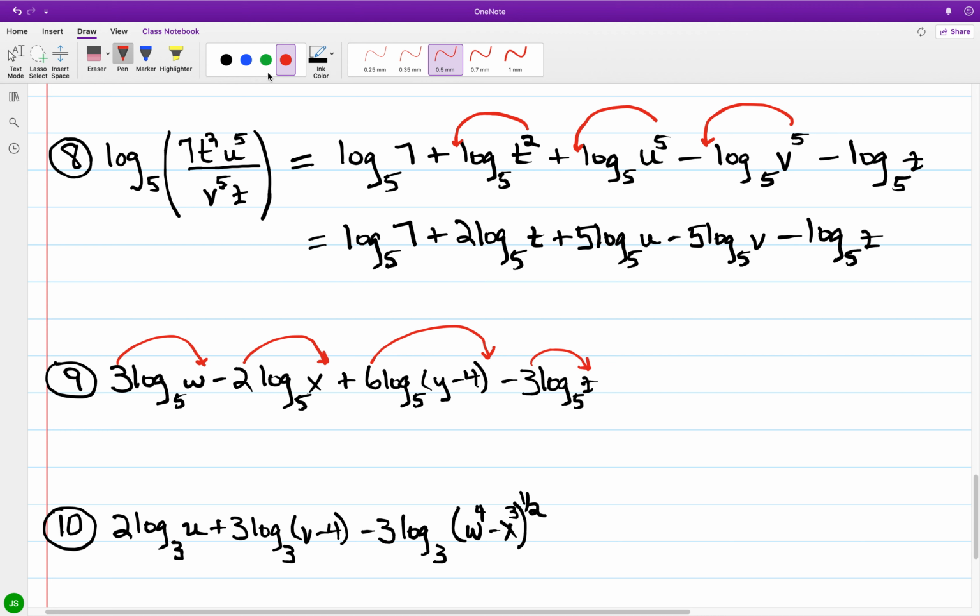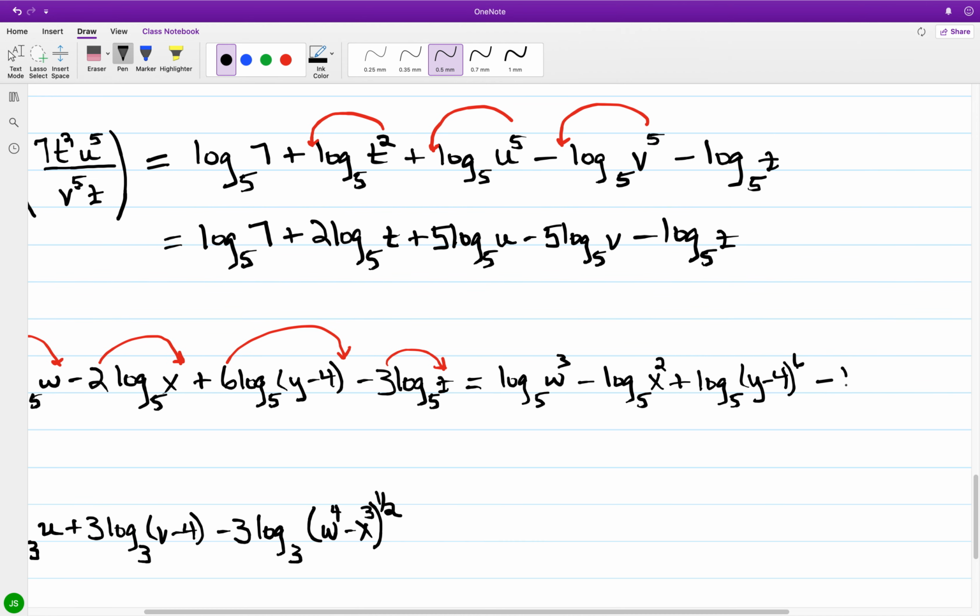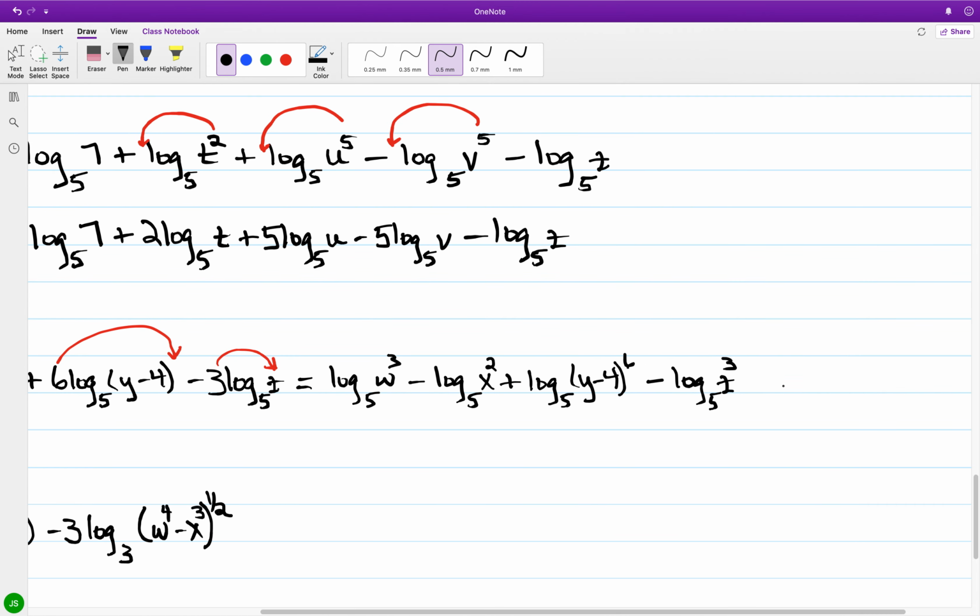For the terms in problem 9, upon expanding we have the base 5 logarithm of w to the third, minus the base 5 logarithm of x squared, plus the base 5 logarithm of the quantity y minus 4 raised to the 6th, and minus the base 5 logarithm of z to the third. So we have the coefficients all converted into exponents.